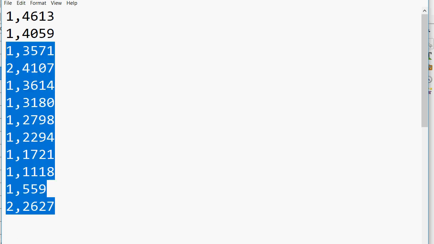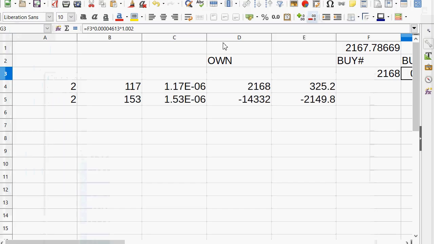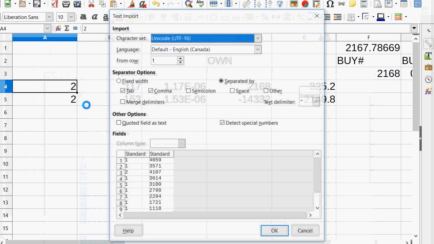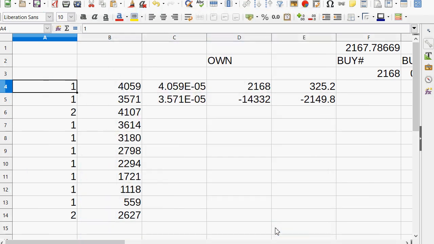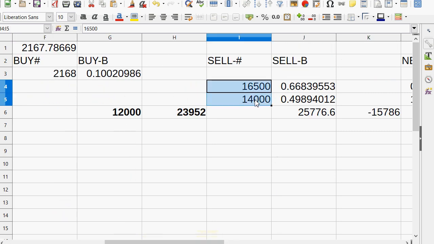I don't want the top one right here, because the 4613 was entry. Okay, so then these are buys. So we'll get rid of that.